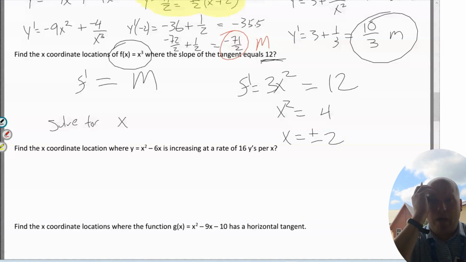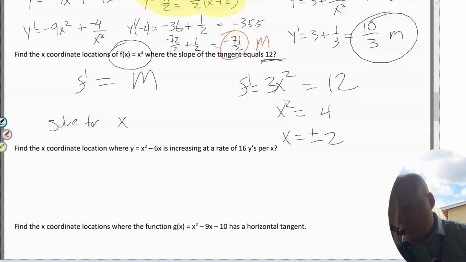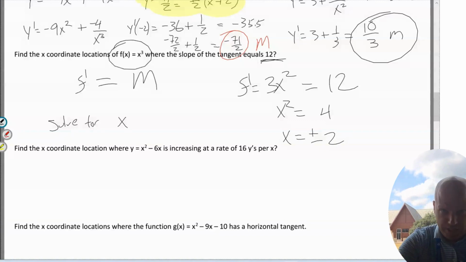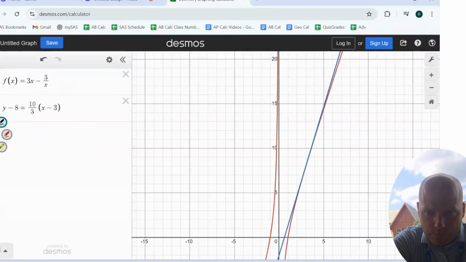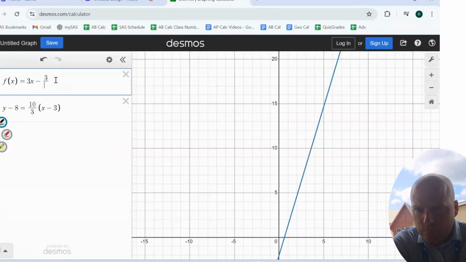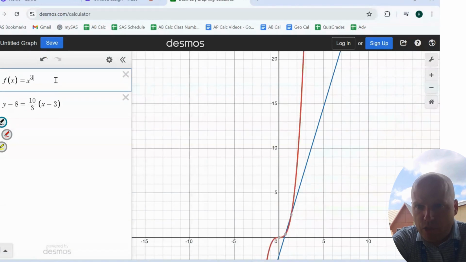When x is plus or minus 2, my function is increasing 12 y's per x. Great. I could draw those tangent lines if I wanted to. Sure. Here's x cubed.